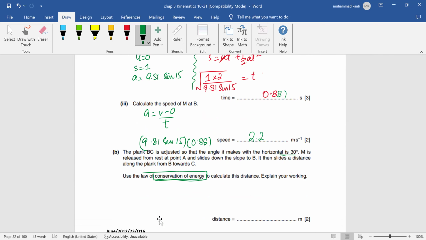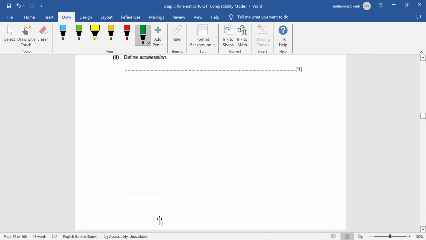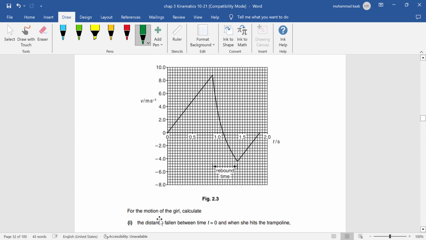We haven't studied that yet, which we will discuss in the chapter of work, energy and power, so you can skip that part, or you can try it using just kinematics and check the answer. If it's matching, then fine. So just skip it, and let's move on.